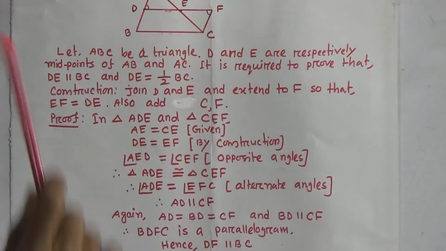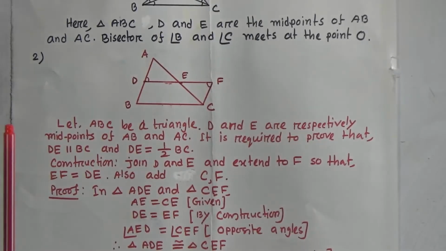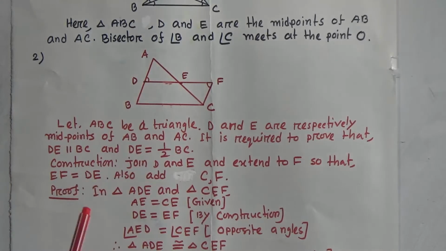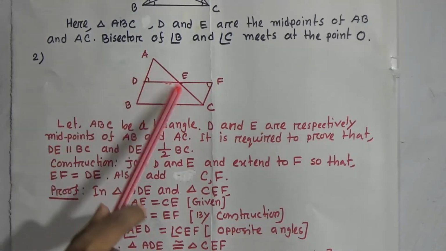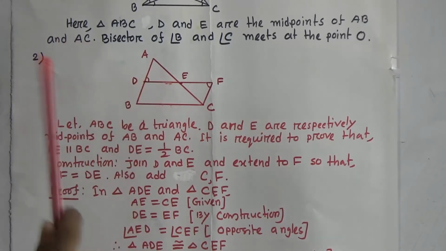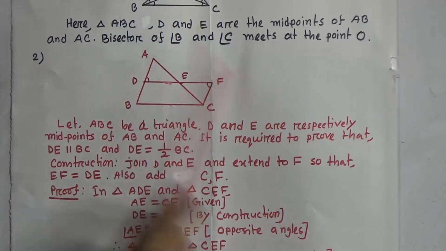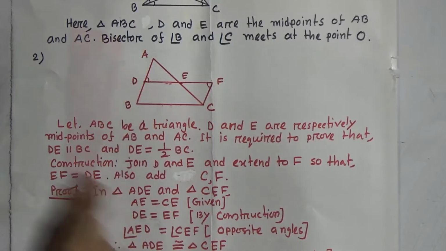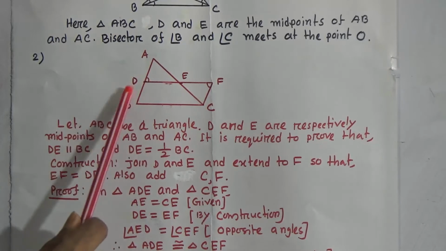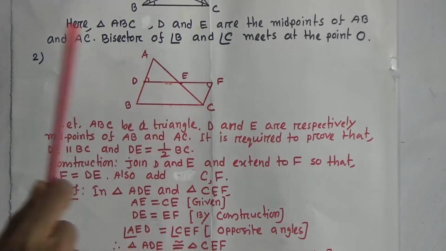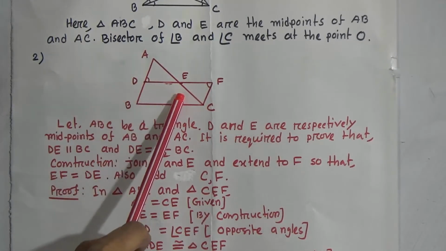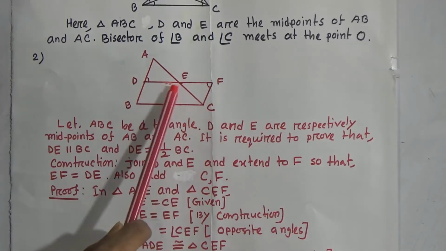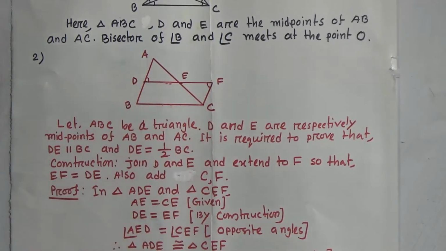Join D and E, and extend DE to F so that EF equals DE.